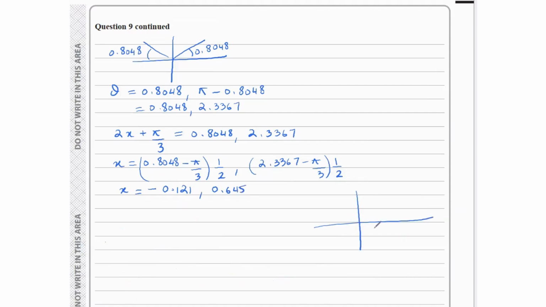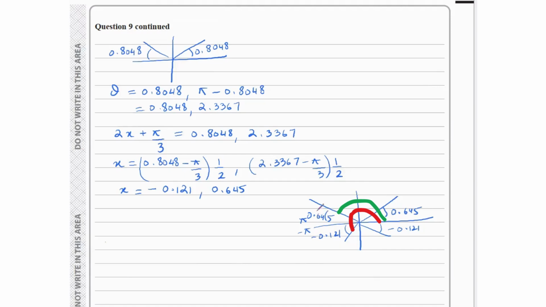Now if we make a graph over here, negative 0.121 is going to be over here and over here. Our limit is from negative pi to positive pi. So for another value for x, we're going to do negative 0.121 plus pi. And for 0.645, which is on the positive side, we're going to do 0.645 minus pi.